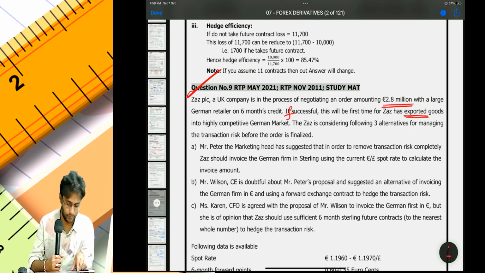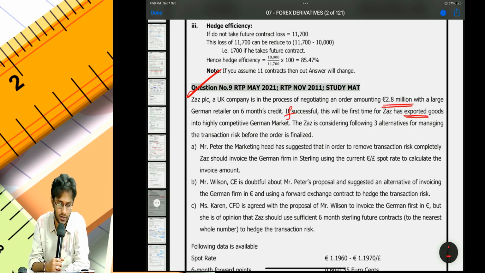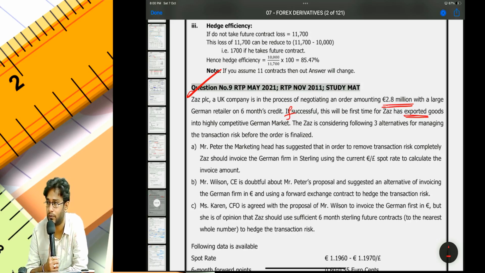So there are three people giving their ideas. A. Mr. Peter, the marketing head, has suggested that in order to remove transaction risk completely, Zaz should invoice the German firm in sterling. What is sterling? Pound. In sterling, using the current euro per pound spot rate to calculate the invoice amount. So Peter's idea is, don't take risk.